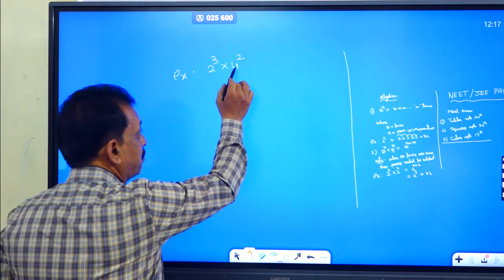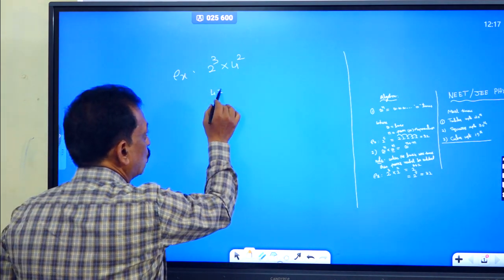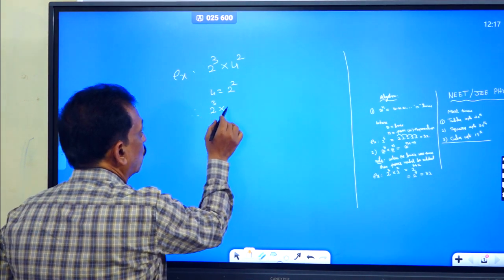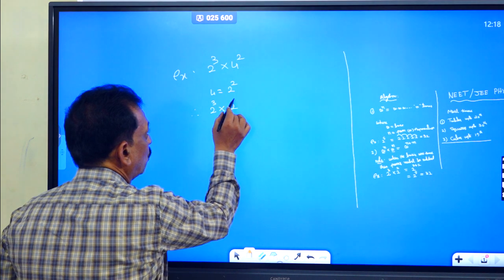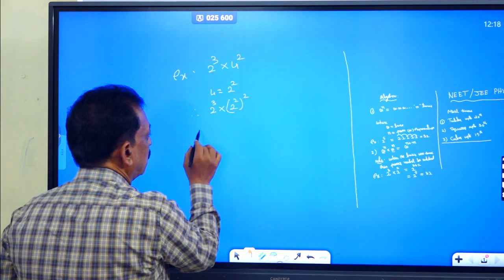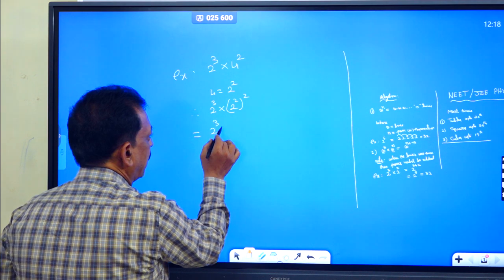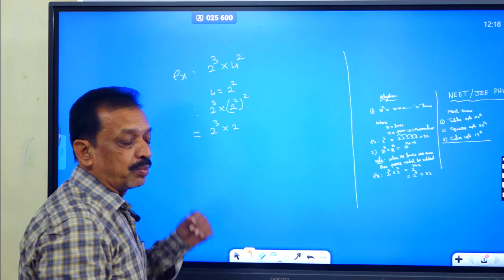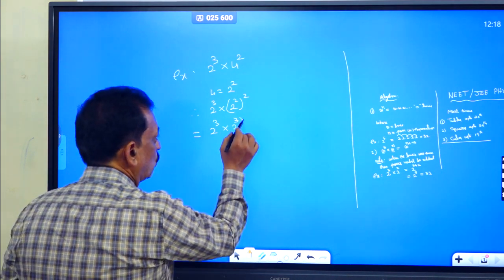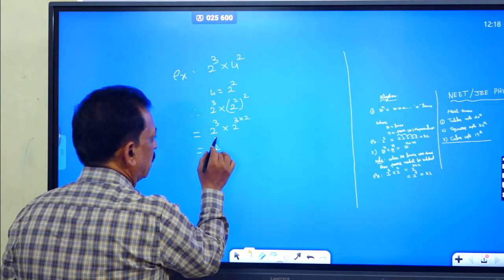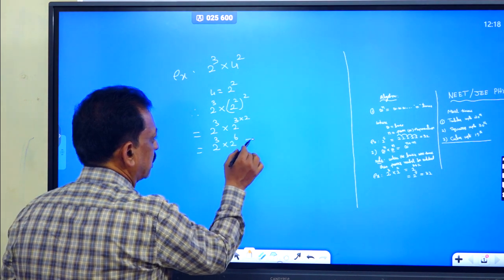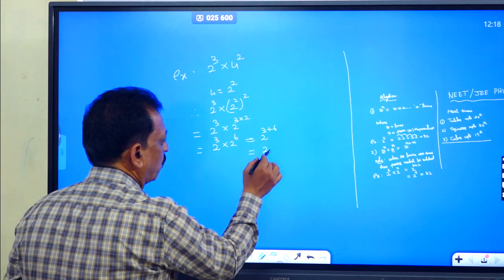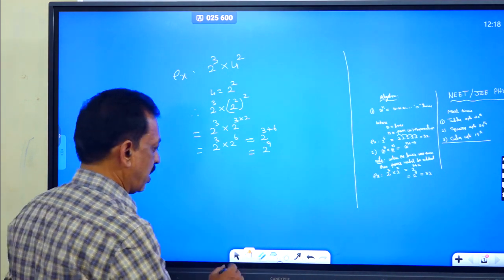You have to make the base the same: 4 can be written as 2 squared. So you can write 2 to the power of 3 into (2 squared) whole to the power of 2. Using the formula (a to the power of n) whole to the power of m equals a to the power of n into m, this is 2 to the power of 3 into 2 to the power of 6, which gives 2 to the power of 3 plus 6, that is 2 to the power of 9.